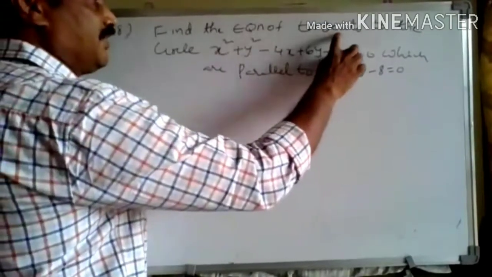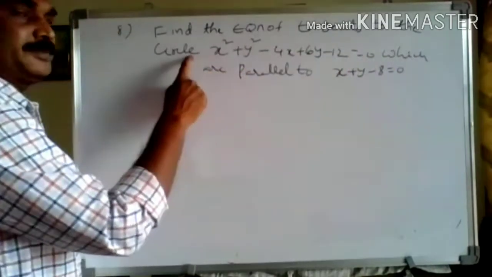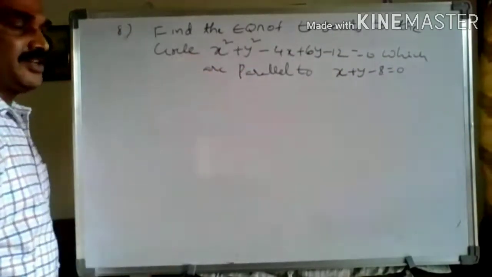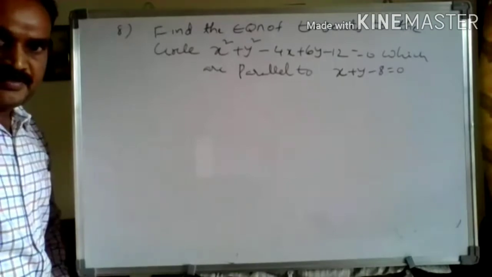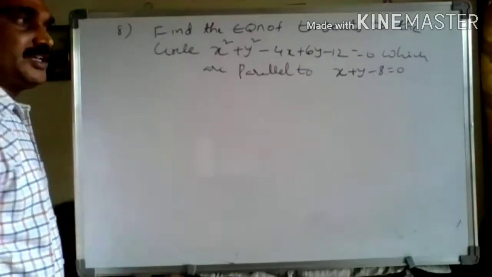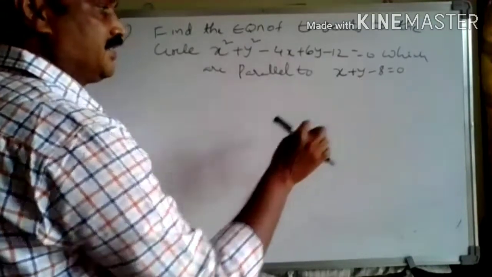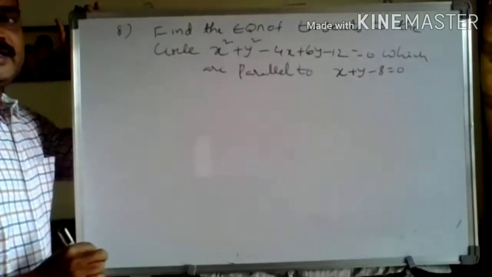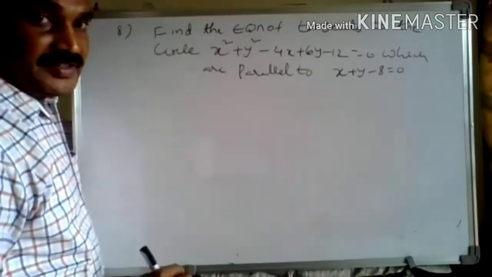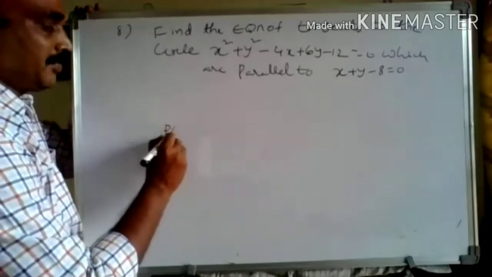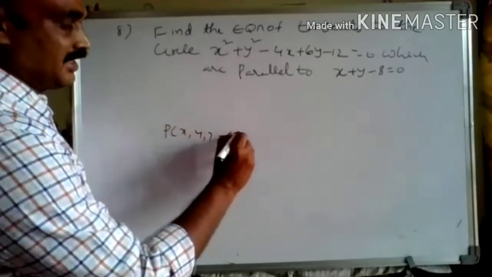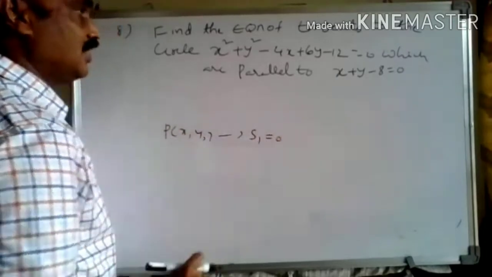Find the equation of tangents to the circle x square plus y square minus 4x plus 6y minus 12 is equal to 0, which are parallel to x plus y minus 8 is equal to 0. Here, calculate the equation of tangent. The equation of tangent to the circle S equal to 0 at the point P(x1, y1) is S1 is equal to 0.